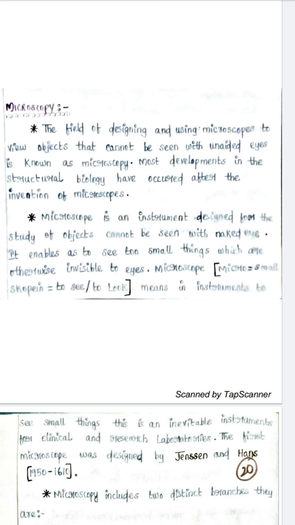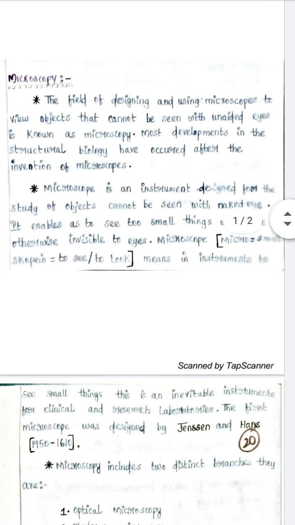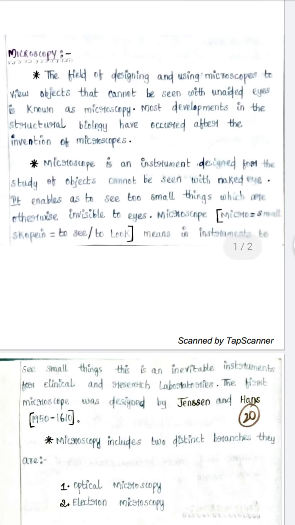Most developments in structural biology have occurred after the invention of the microscope. It is an instrument designed for the study of objects which cannot be seen with the naked eye, and it enables us to see small things which are otherwise invisible to the eyes. Micro means small, scopy means to see or to look.